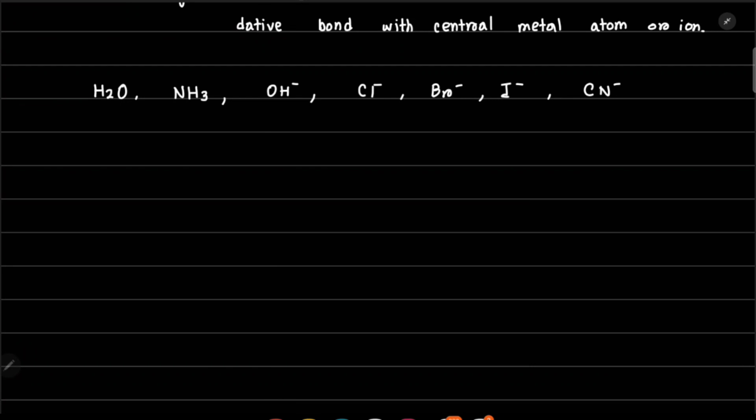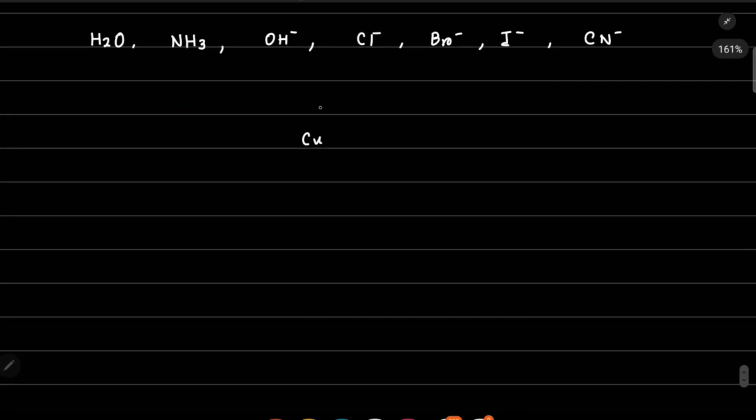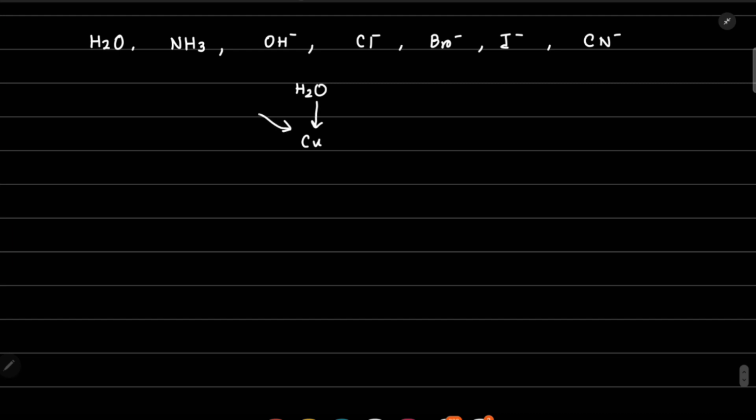An example of a complex ion with monodentate ligands would be the example we just saw before. So 6 waters connected to 1 copper.